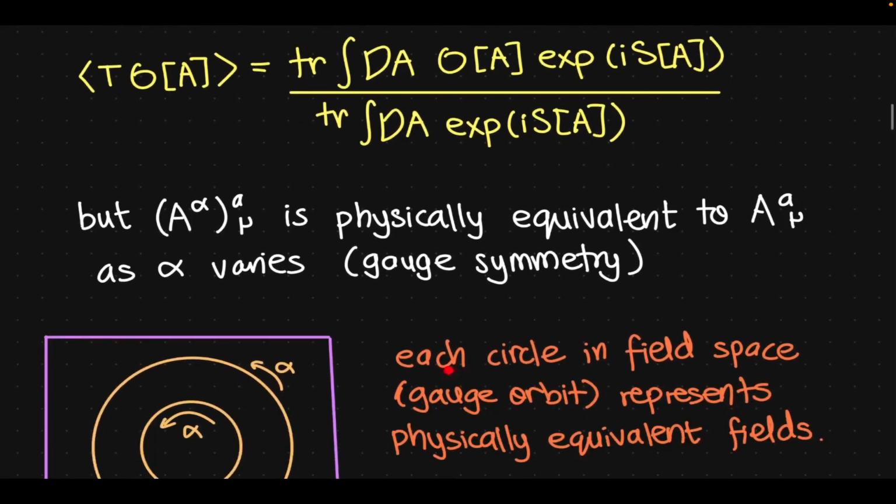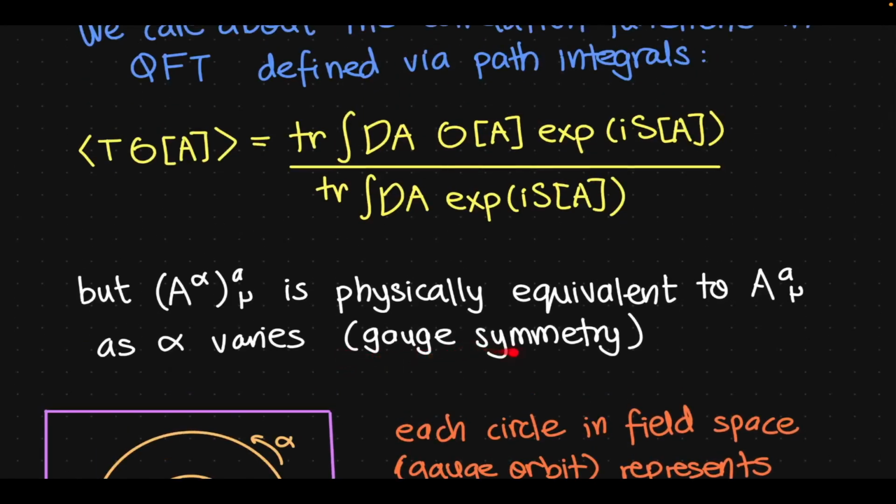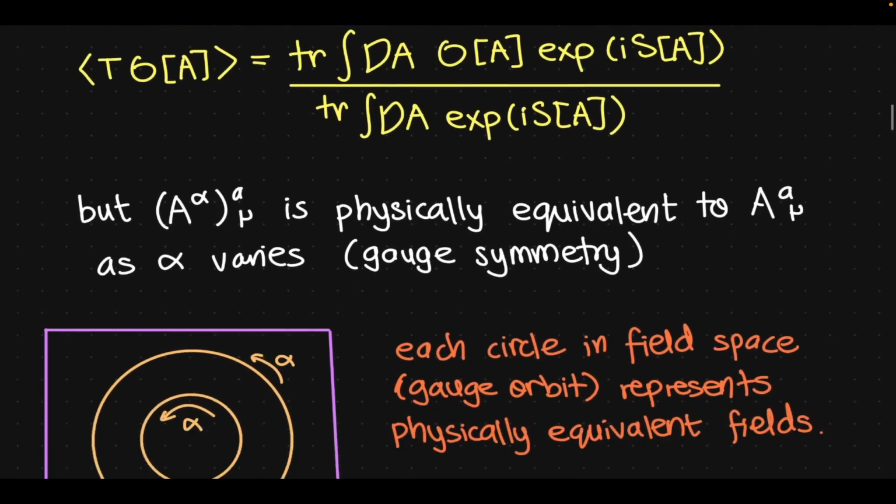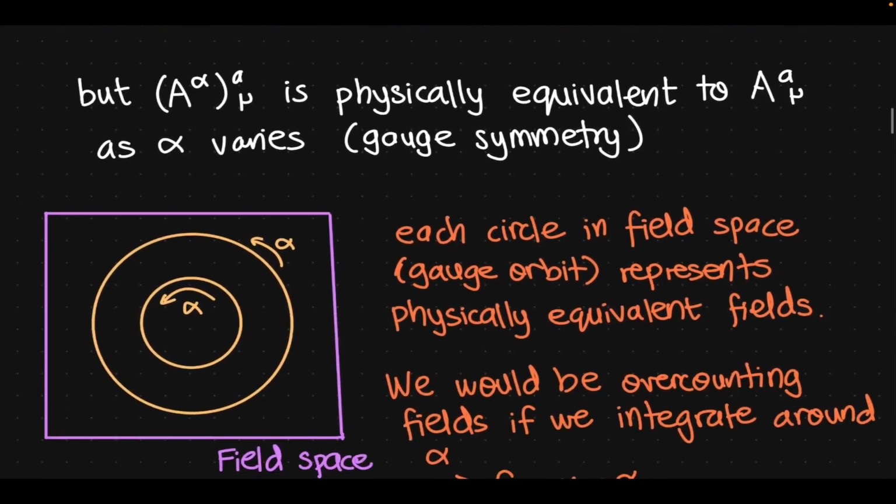Now, the problem this redundancy or this symmetry poses is that if we look at field space, so this is the space of all possible configurations of field A, each of these circles in field space, where we sort of go around in increasing alpha, represents physically equivalent fields because A to the alpha is physically equivalent to A.